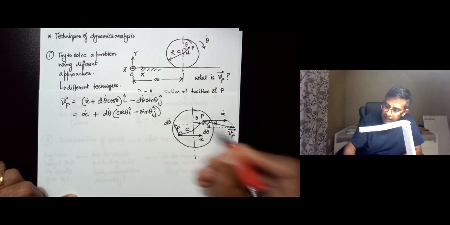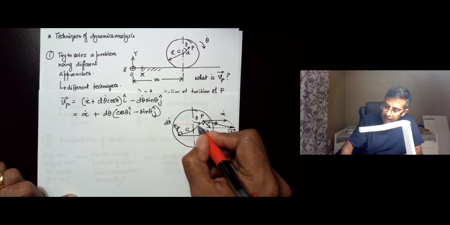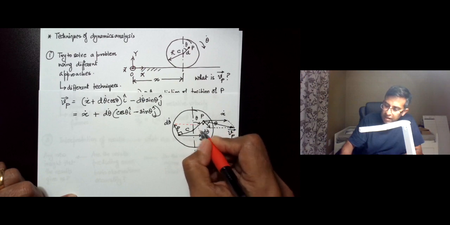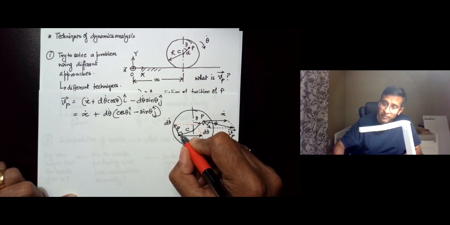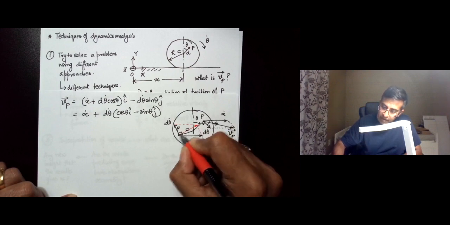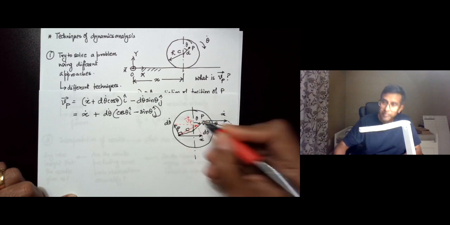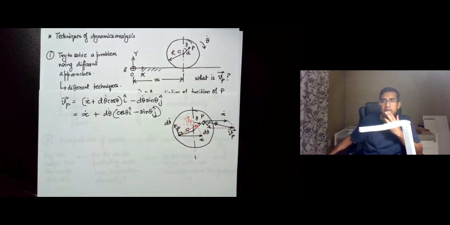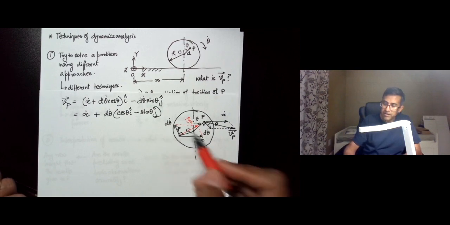If I complete the parallelogram of vectors, then at this point the velocity of P is going like that, right? It is the vector sum of x dot and d theta dot.